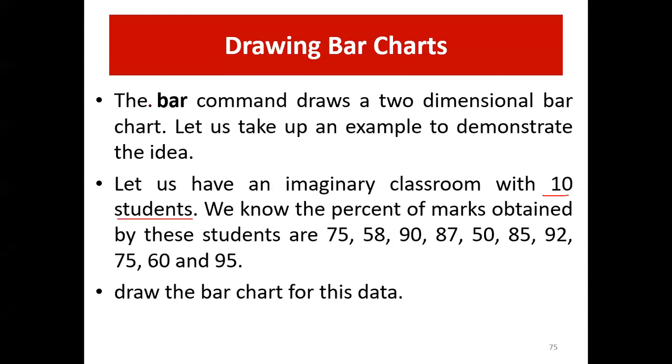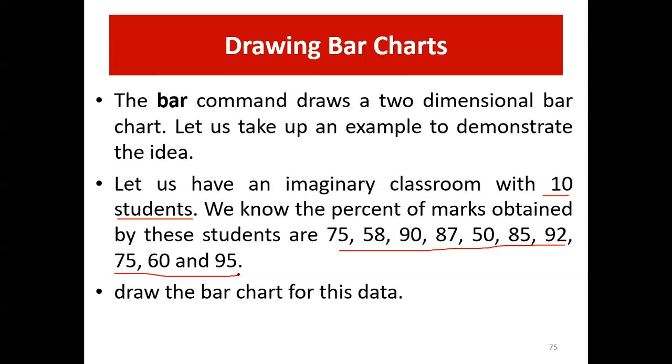Then for the 10 students, we have the percentage of marks like 75, 58, 90, 87, 50, 92, 75, 60, and 95. These 10 students from the class, we show the marks percentage here.